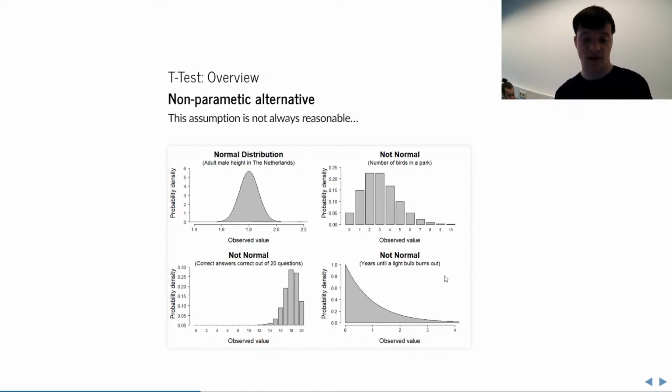Okay, then we have another example, which is a binomial distribution. This is the number correct out of 20 questions. You can have 0 questions right, you can have all of the questions right, but you cannot answer more questions right than there are, and you cannot answer less than 0 questions right. So this has the same problem as the Poisson distribution, except in 2 directions: if it gets close to the side, so close to 20 or close to 0, it's going to be asymmetric.